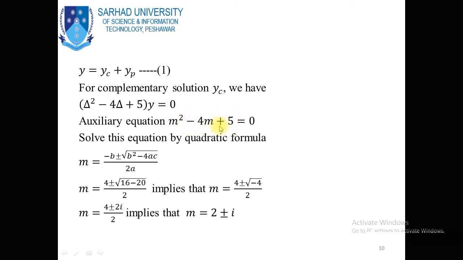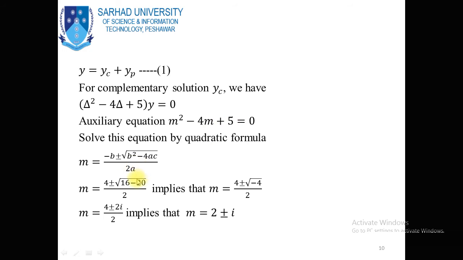Now the complementary solution of this homogeneous equation depends on the nature of roots. So first of all, to find the roots of this equation, we solve this quadratic equation by the quadratic formula. m is equal to minus b plus minus under root b square minus 4ac divided by 2a. The value of a is 1, the value of b is minus 4, and the value of c is 5.